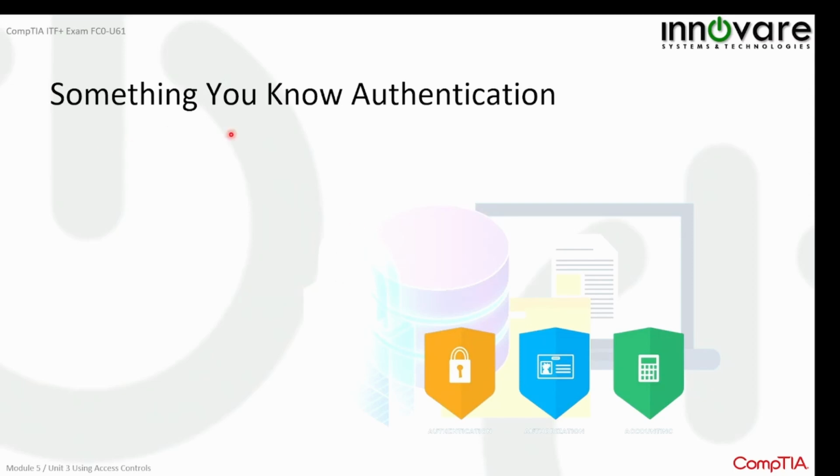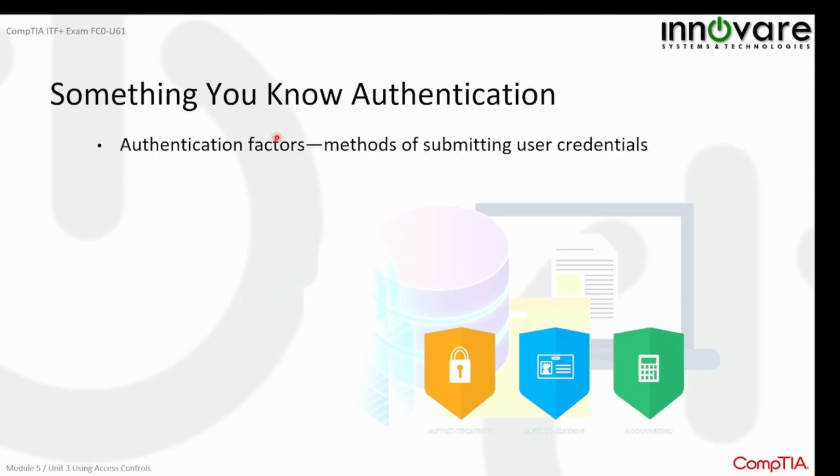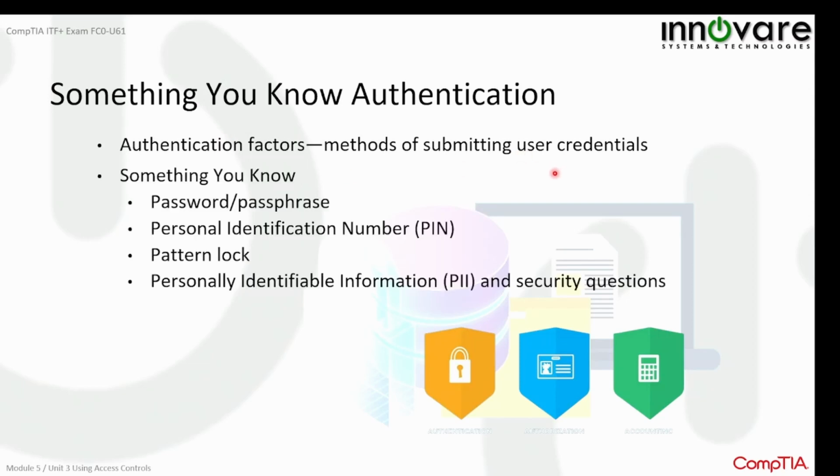And then when it comes to authentication, these are the things that we need to understand. Authentication like something you know. When we say something you know, it's something na ikaw lang as a user, identifiable to you and no one else knows about it. These are authentication factors in validating a user credential. So examples of something you know are a password, or passphrase, or the PIN number.